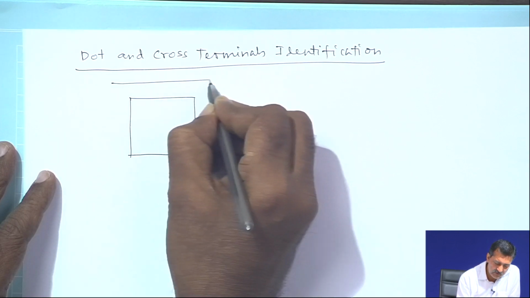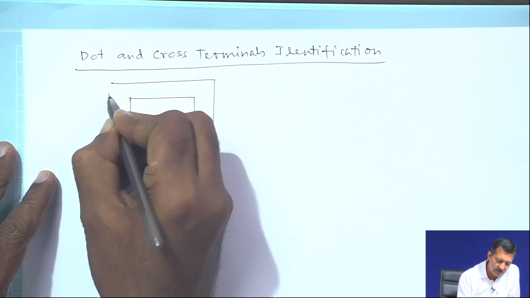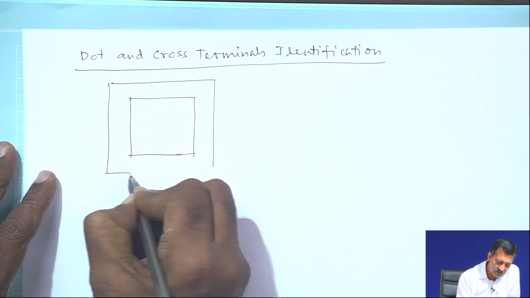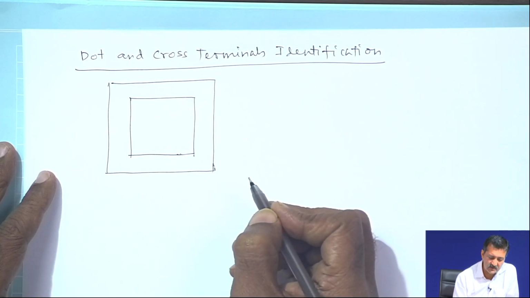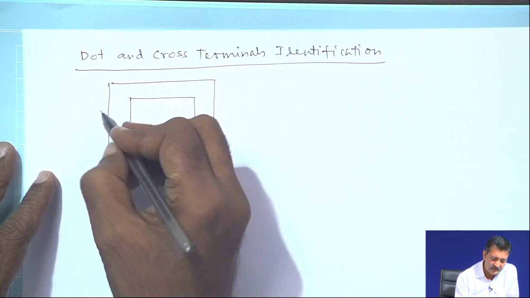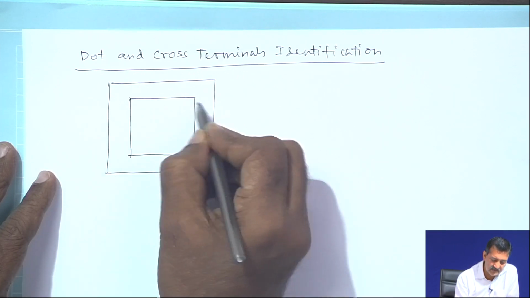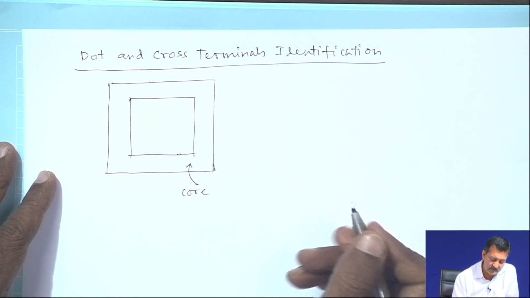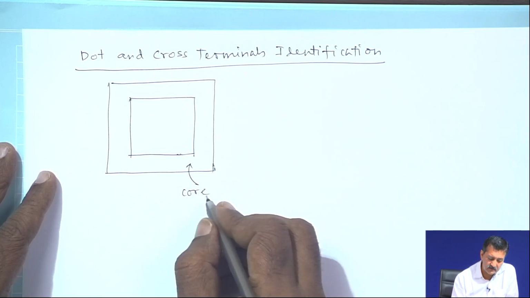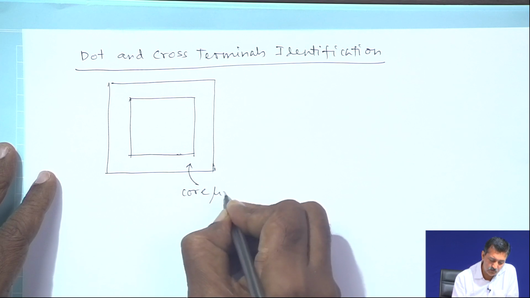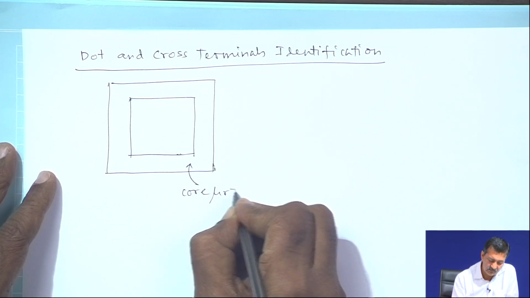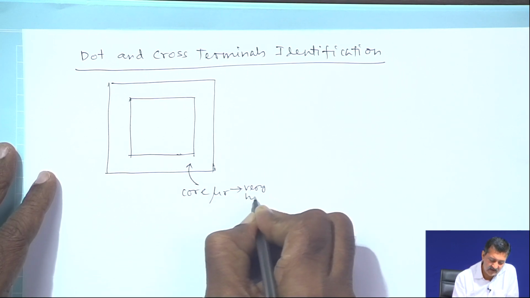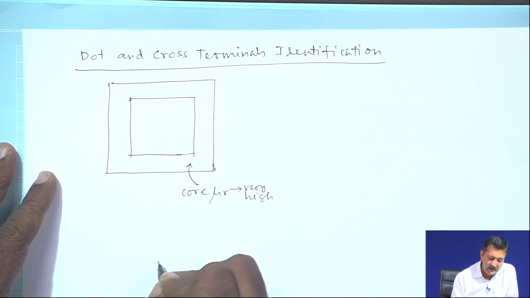So, now I am drawing a simple two dimensional structure of a transformer. Let us see, this is the magnetic core, as you have already learned this has very high permeability, mu r is very high.